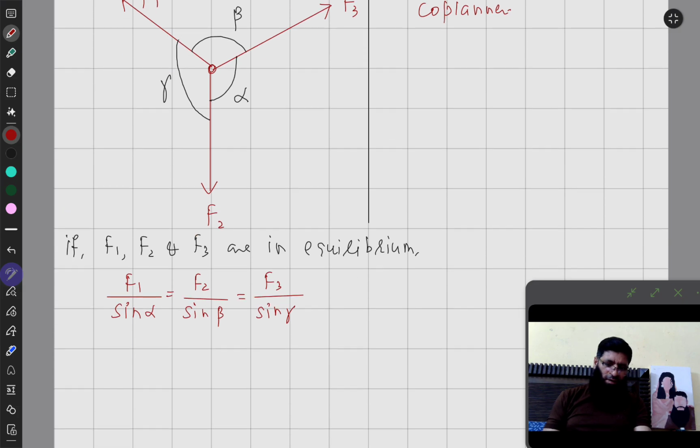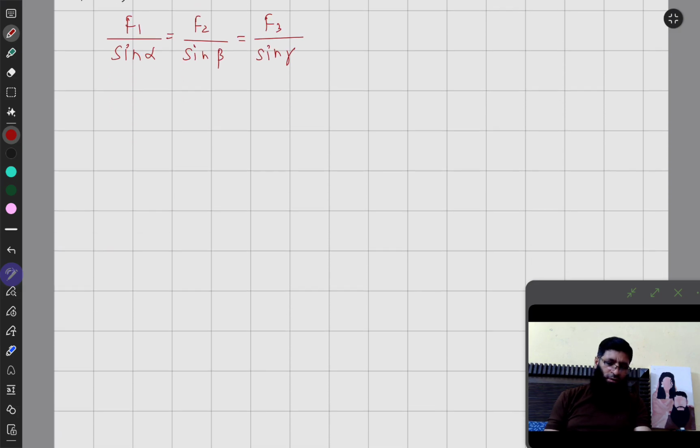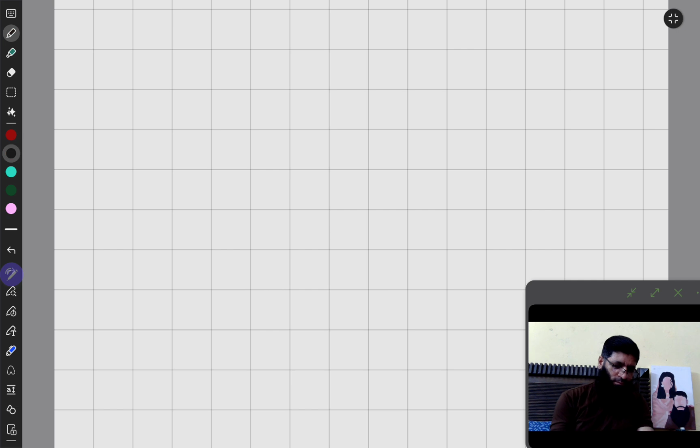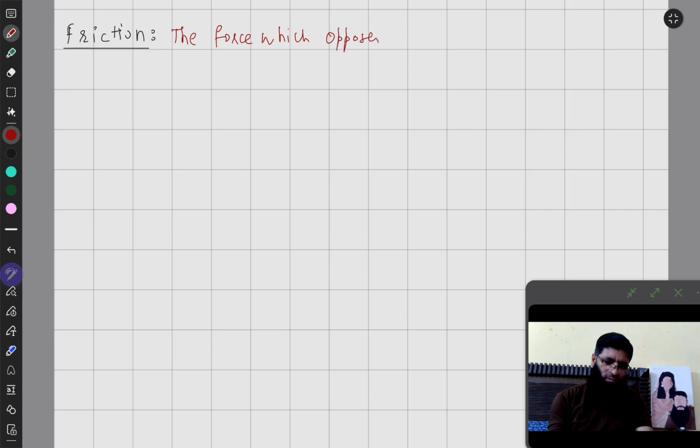Now, next thing, we will talk about friction. Basically, this is the force which opposes the movement or motion between two surfaces.